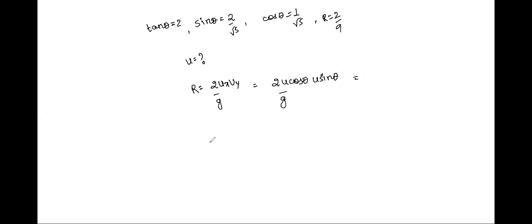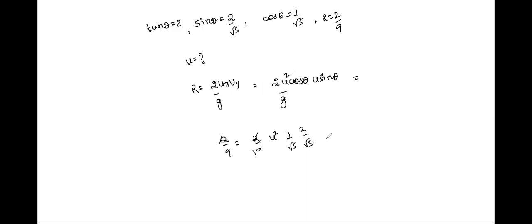So instead of r, we put 2 by 9, equal to 2 by g, or let's take g as 10, and u is to be found. Cos theta is 1 by root 5, and sin theta is 2 by root 5. Shouldn't it be u squared? Yes, u cos theta times u sin theta, it's u square. Correct. So we'll cancel 2 from both sides.